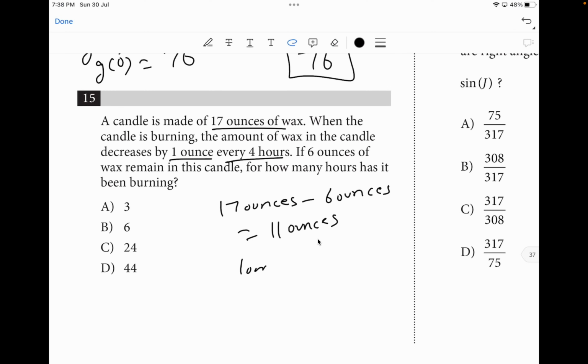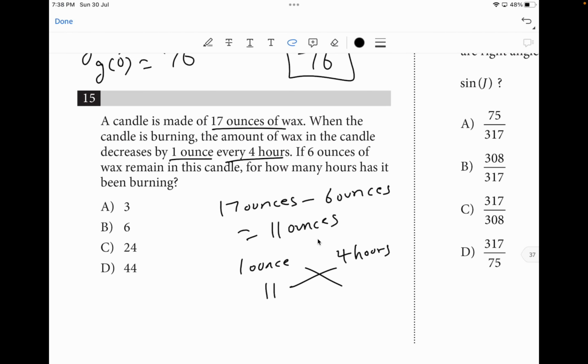I'm going to write the ratio now correctly. For every 1 ounce, every 4 hours, there's a ratio for every 11 ounces to the number of hours.